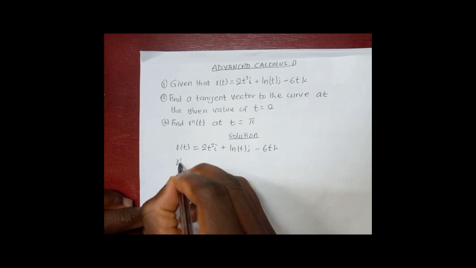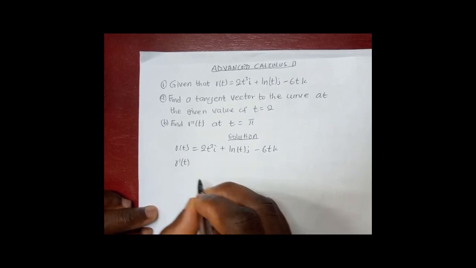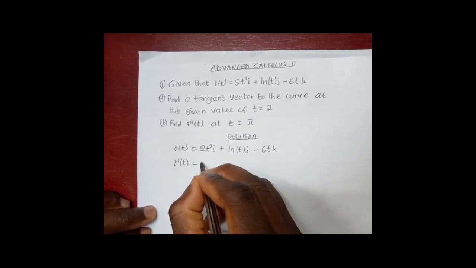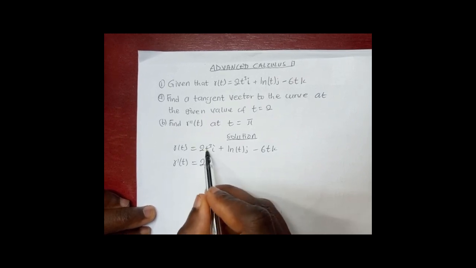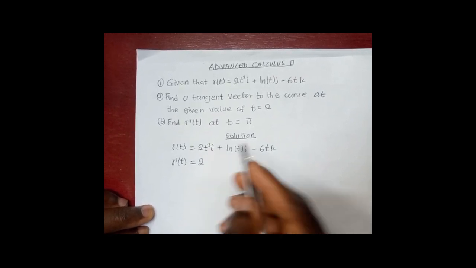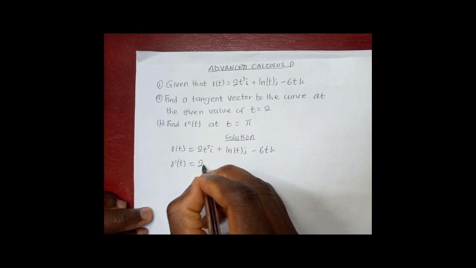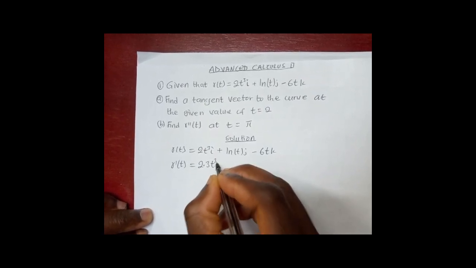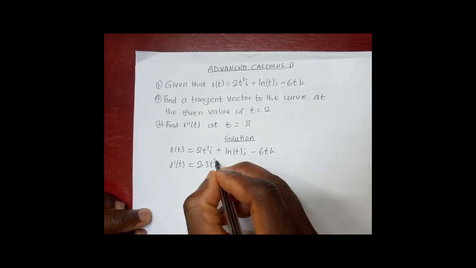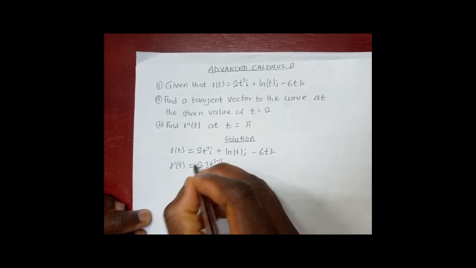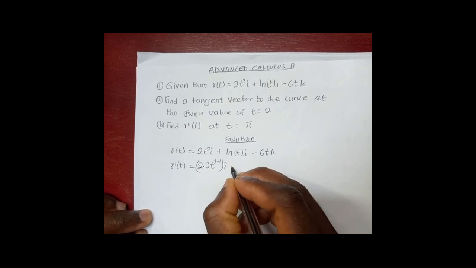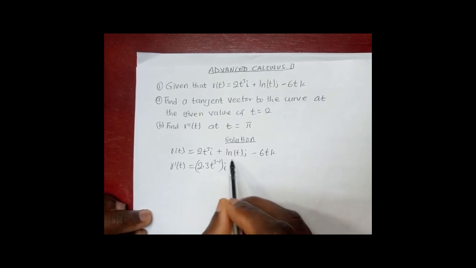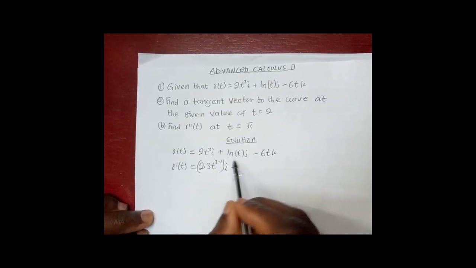So we have the first derivative r prime of t equal to 2. This is t exponent 3, so the 3 will drop down and multiply the 2. We have 3t, then reduce the exponent by 1, so minus 1, i, plus this natural logarithm ln of t.